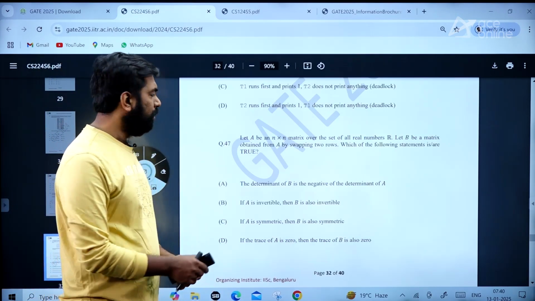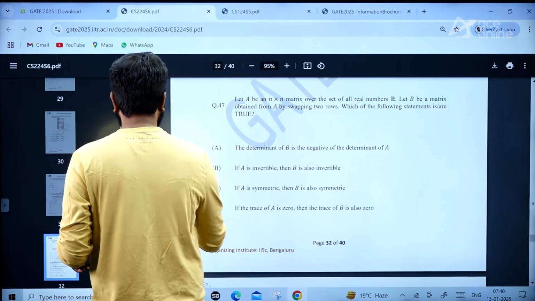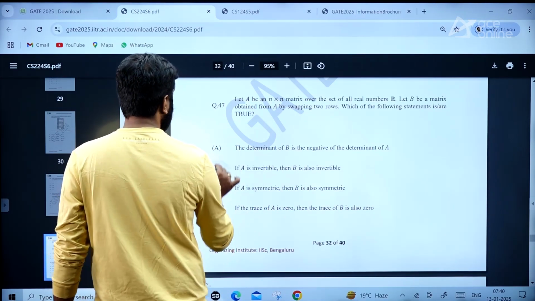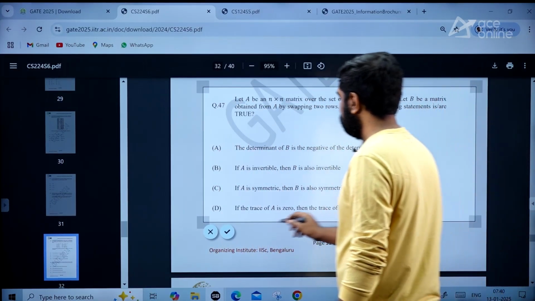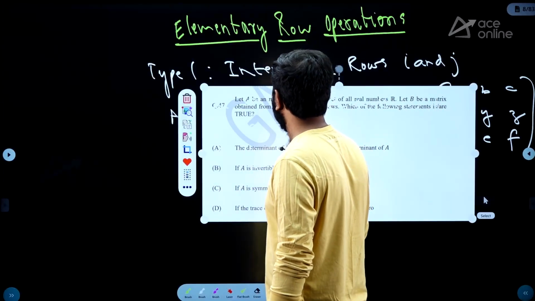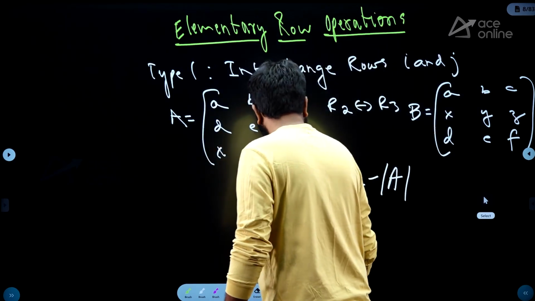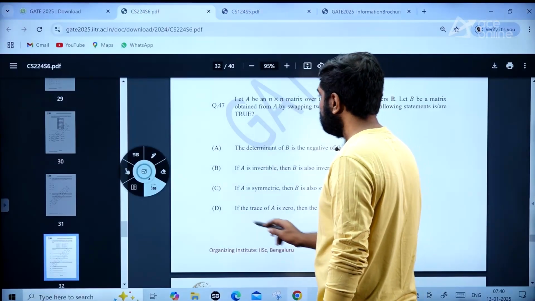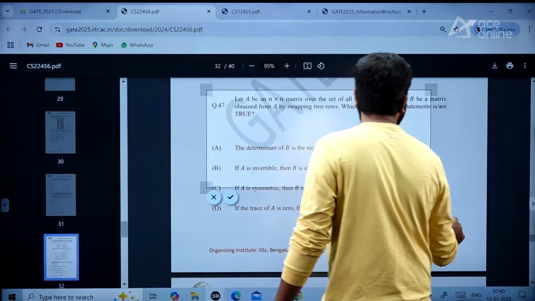Let's solve this problem. It was asked in 2024. By now you would have already solved it. This is for those people who did not try this problem. Yes, such simple questions have been asked in your examination, so you should be very alert and solve this.